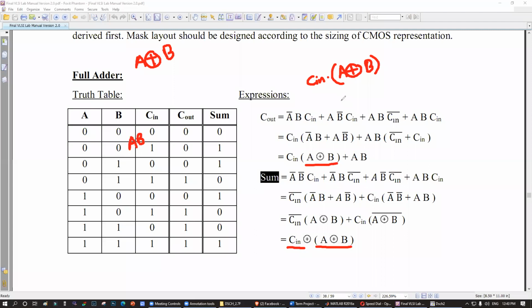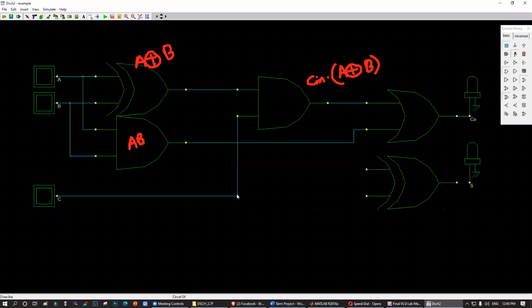Got my point? Okay, good. Now I'm taking C in here, and I am taking the previous A XOR B here. Finally, our sum should be connected. And this is our actual circuit.